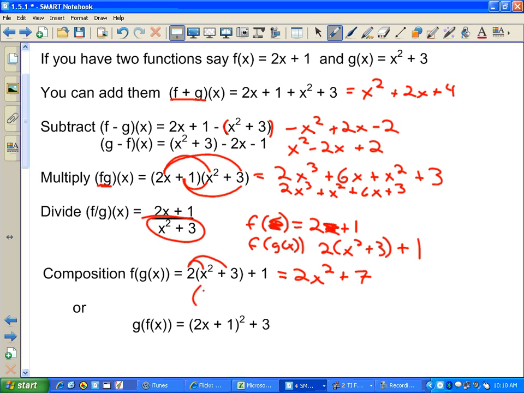So if you guys still need to do it this way, you need to write them both out in order to square it. Or if you guys remember the pattern, you're going to take the first thing squared plus 2 times the first thing times the second thing plus the second thing squared.